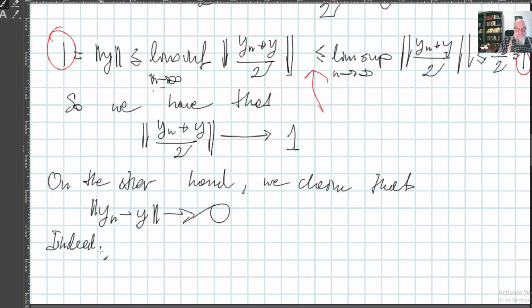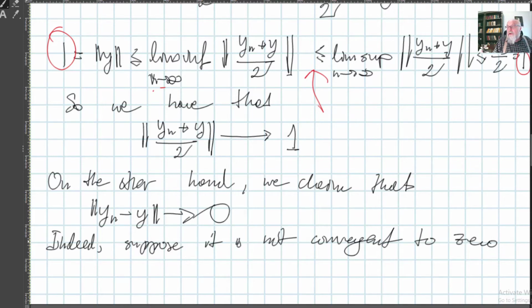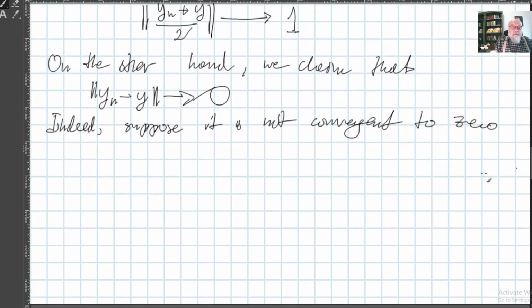Suppose it is not convergent to 0. So what would I get here? That means there exists a subsequence nk such that the norm of ynk minus y would be larger or equal to a certain epsilon larger than 0. So suppose it is not, for contradiction.